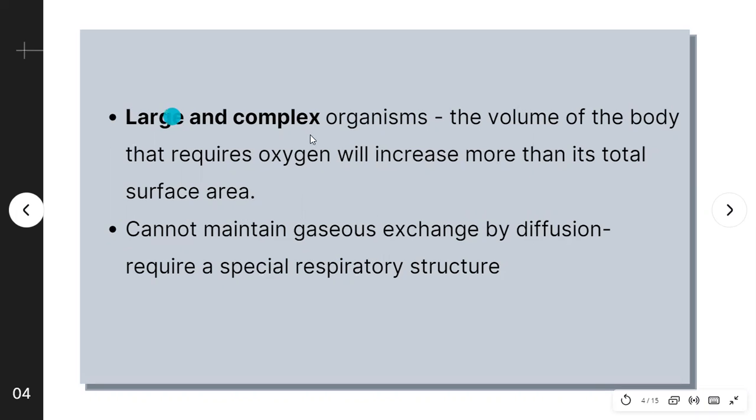So a large and complex organism such as a human requires special respiratory structures, or a respiratory system, to help us have an efficient gas exchange. The organisms that can use diffusion to exchange gases are very simple organisms such as unicellular organisms, bacteria, protozoa, and so on.